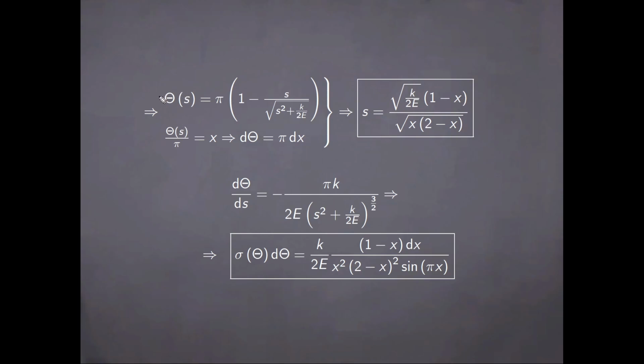Also, we can take the derivative of the scattering angle with respect to the impact parameter to obtain the formula here, and then bringing these in the definition of the cross section, we finally obtain this boxed result.